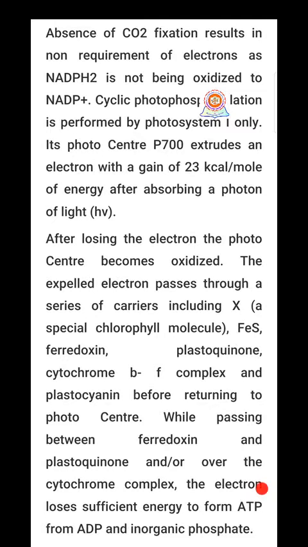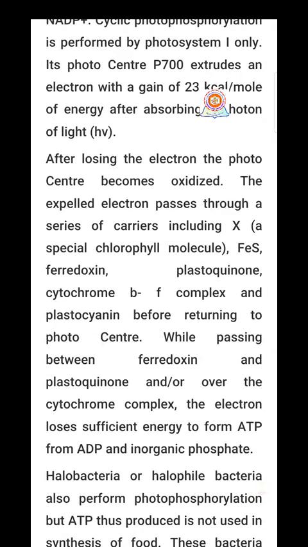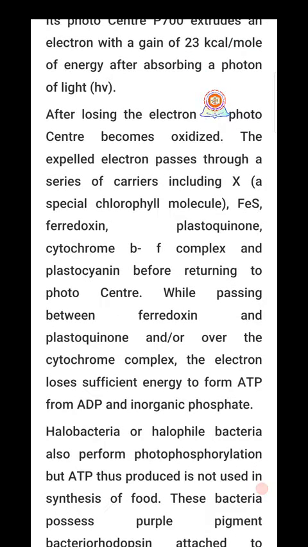That is, the special type of chlorophyll, that is chlorophyll a or X, FeS, ferredoxin, plastoquinone, cytochrome b6f complex, and plastocyanin are the electron carriers. From these carriers, the electrons return to the original photocenter.